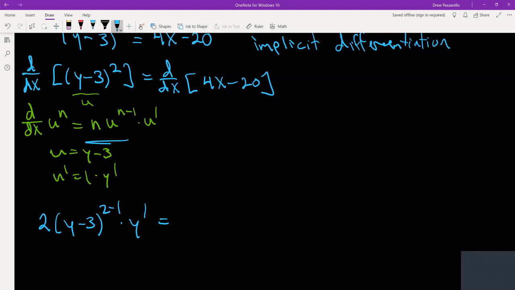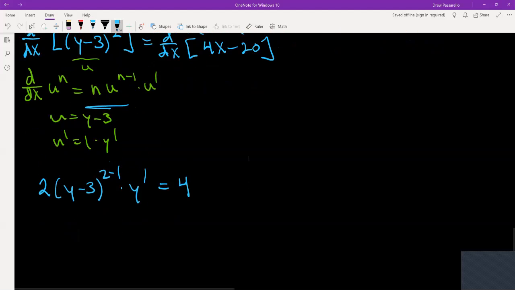You apply the operator to both terms. The derivative of x is 1, so the derivative of 4x would be 4 times 1, which is 4. And then the derivative of 20, that's a constant, so the derivative of a constant is 0. So really it'd be 4 plus 0, which is just 4.